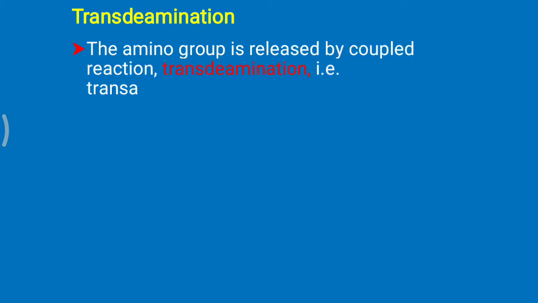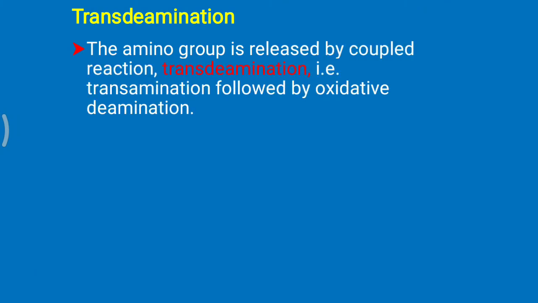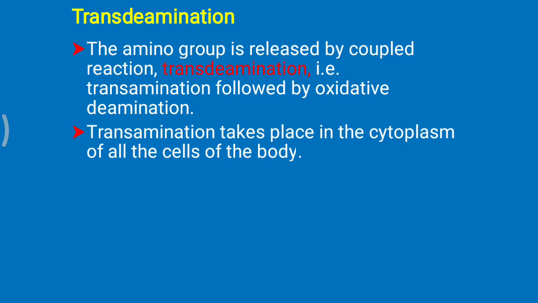For transdeamination, the amino group is released by the coupled reaction of transdeamination. First we have seen the transamination reaction, and that will be followed by the oxidative deamination reaction. Transamination takes place in the cytoplasm of most of the cells of the body, so all tissues undergo this transamination reaction.